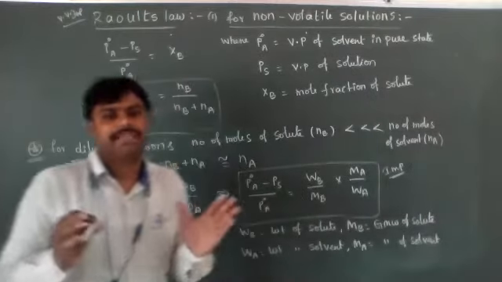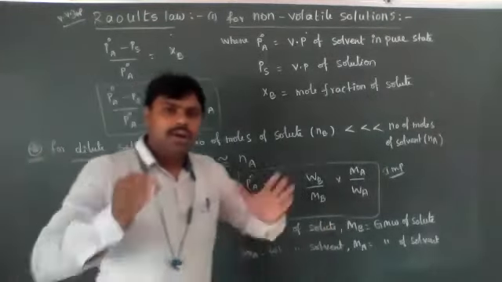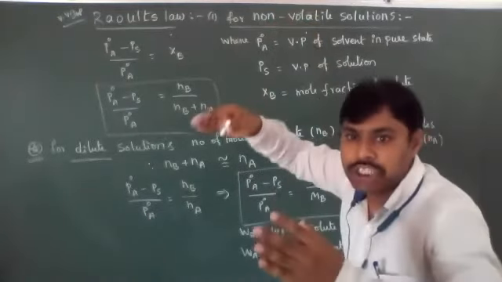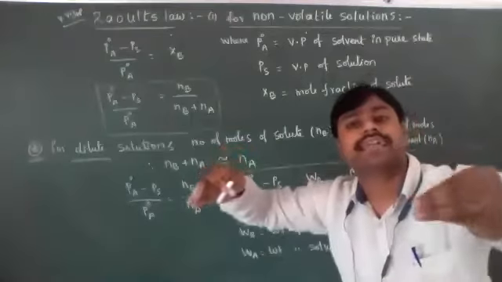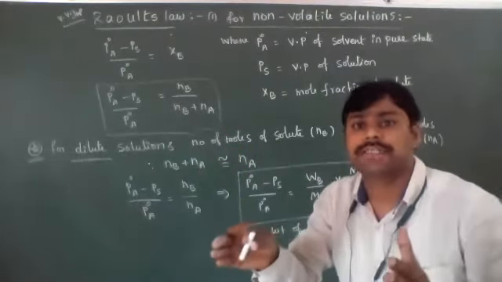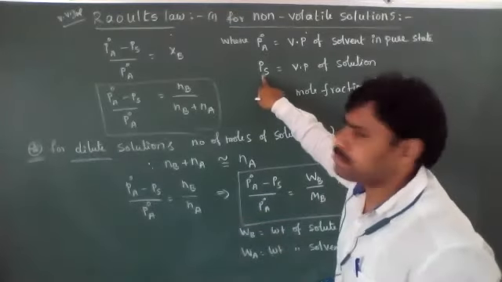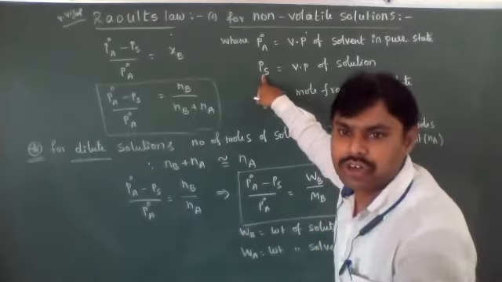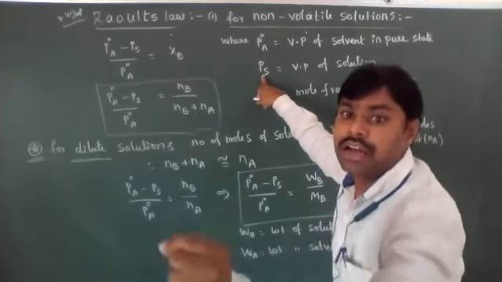Let's see once again; I am explaining that definition. Raoult's law for non-volatile solutions means that in a solution containing a non-volatile solute, the vapor pressure of the solution, that is Ps, is always directly proportional to the mole fraction of solvent.